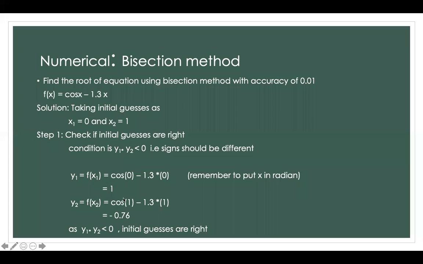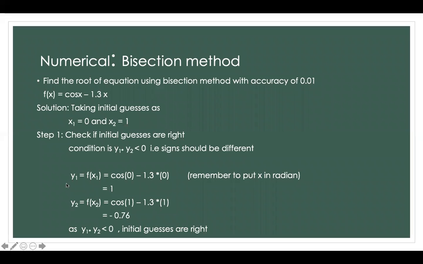So x1 is 0 and x2 is 1 is considered, but you can consider any other values too, that is fine. But what will happen if you consider another case, say x1 equal to 1 and x2 equal to 2?